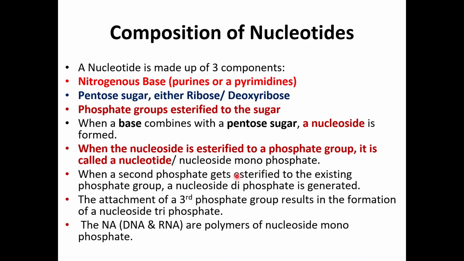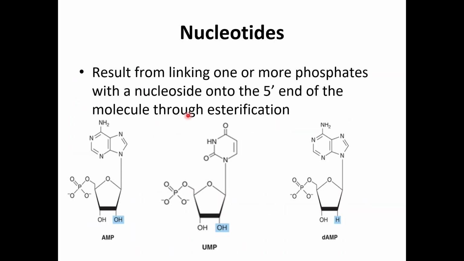When a second phosphate gets esterified to the existing phosphate group, a nucleoside diphosphate is generated. The attachment of a third phosphate group results in the formation of a nucleoside triphosphate. The nucleic acids, DNA and RNA, are polymers of nucleoside monophosphate. So nucleotides result from linking one or more phosphates with a nucleoside onto the 5' end of the molecule through esterification.